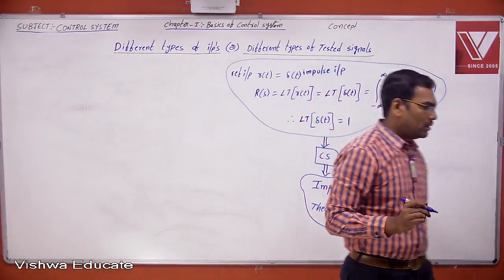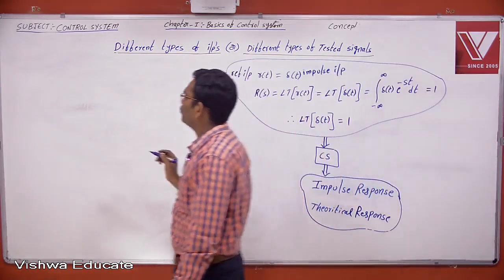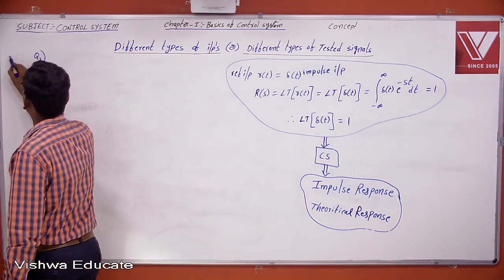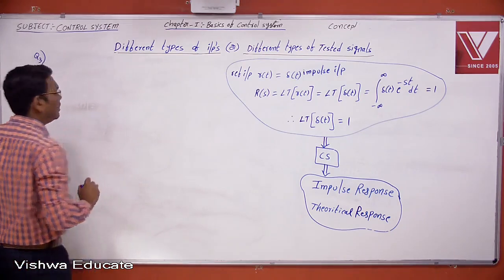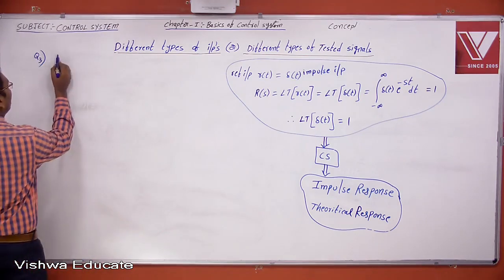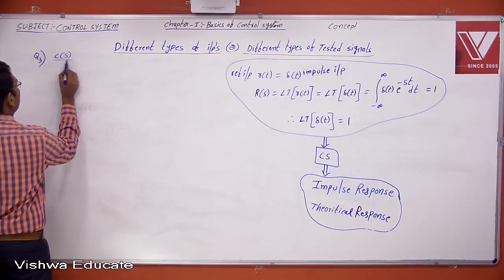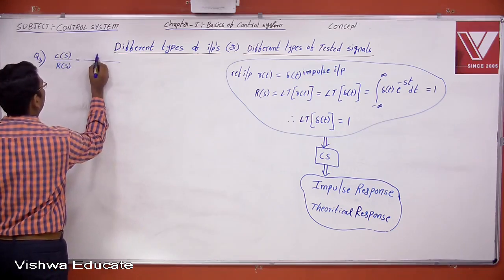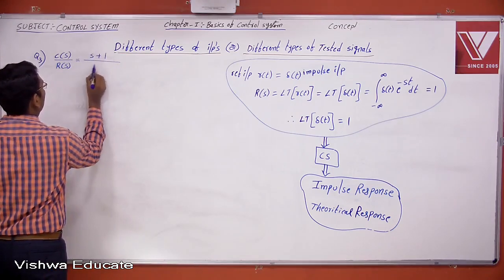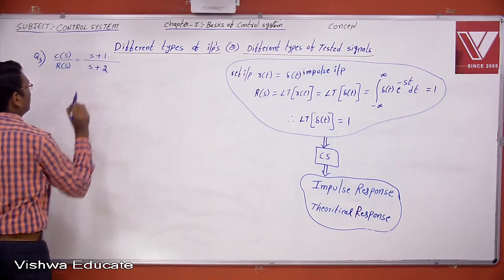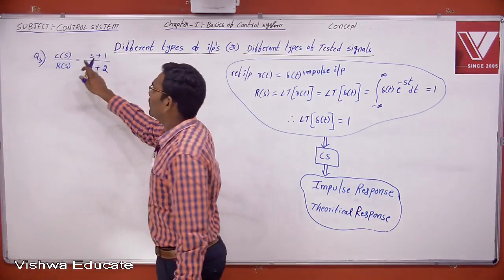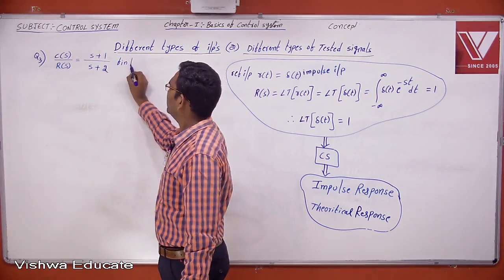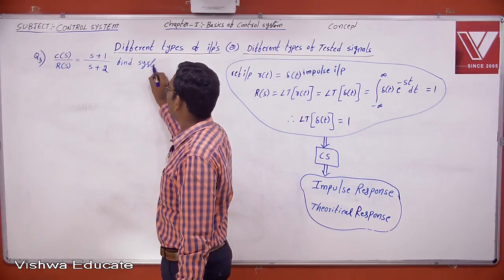In our workbook, question number 3: by considering the closed loop control system transfer function, C of s by R of s, which is equal to s plus 1 by s plus 2, find the system time constant.